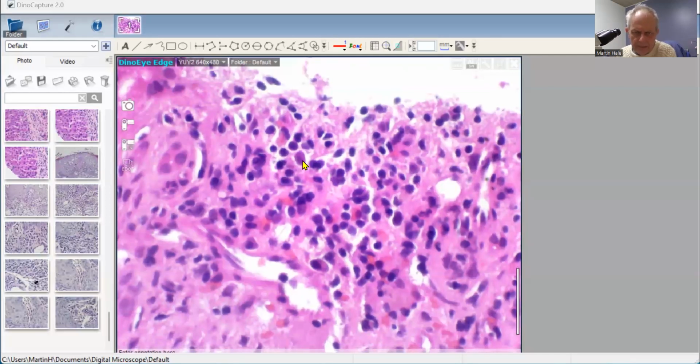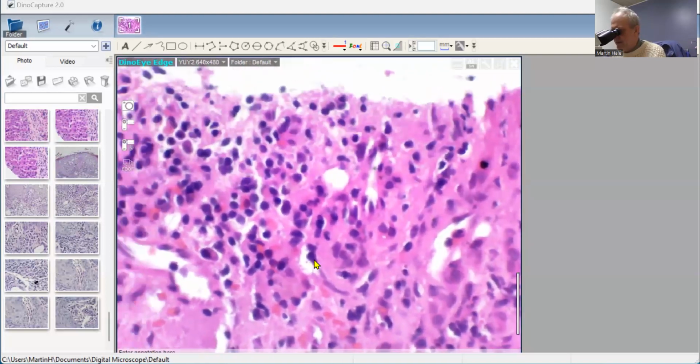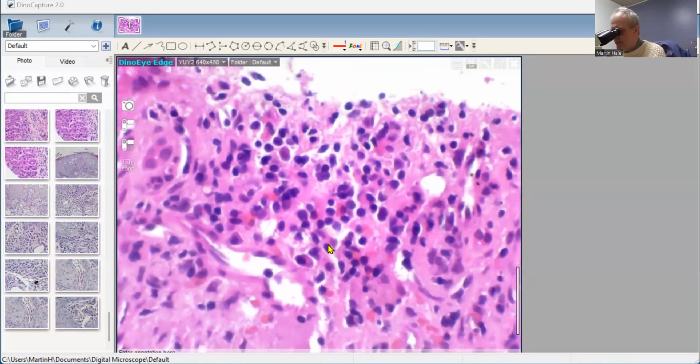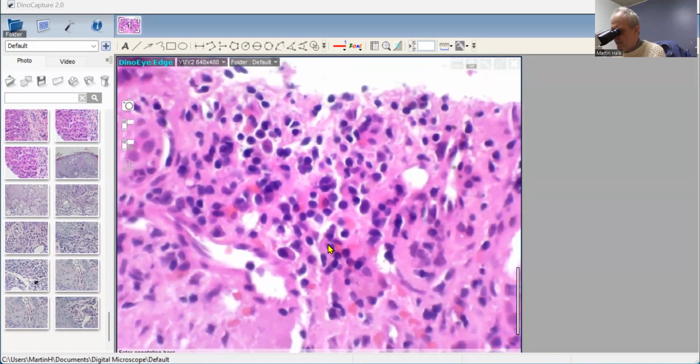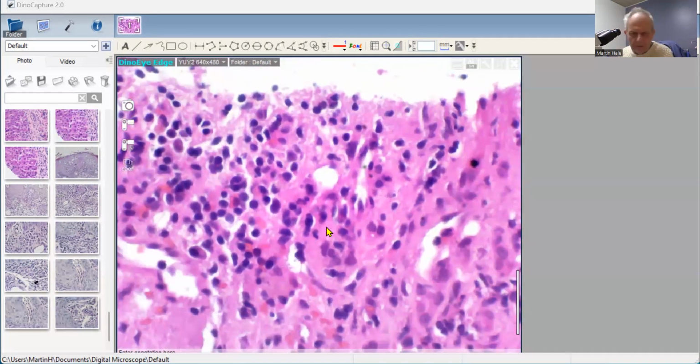So you've got plasma cells there, a plasma cell there as well. In this area here, this is primarily lymphocytic and plasma cell based, with a little bit of clustering of plasma cells as well. If we look down here, this is a cluster of about 4 or 5 plasma cells together.